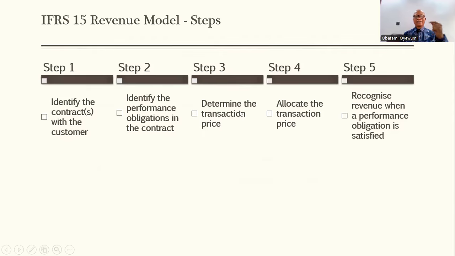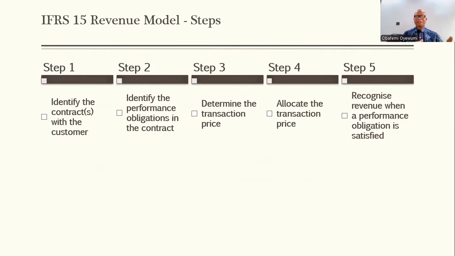The third one talks about determine the transaction price. And then the fourth step is allocate the transaction price. And then the final one, which is the last step, talks about recognize revenue when a performance obligation is satisfied.